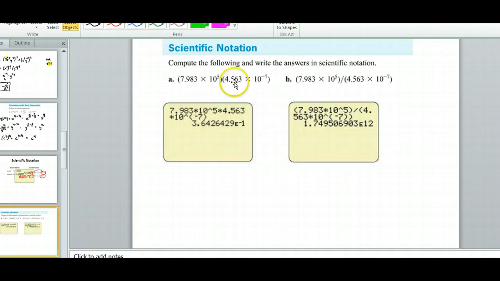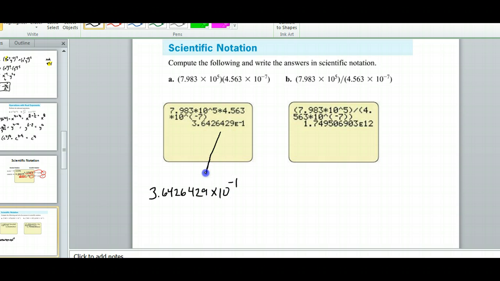And then here are some problems in scientific notation. Notice I just went ahead and put these in on the calculator. 7.93 times 10 to the 5th, back-to-back parentheses means times this other number in scientific notation. And notice it returns a number in scientific notation. So that means my answer is, don't write it like this, 3.6426429 times 10 to the negative 1.